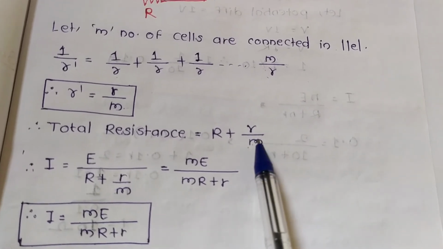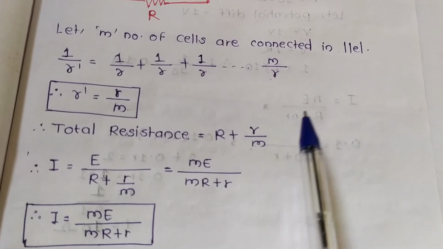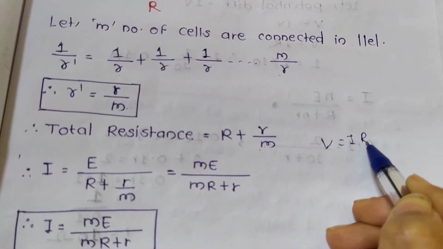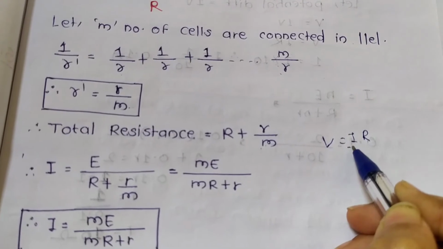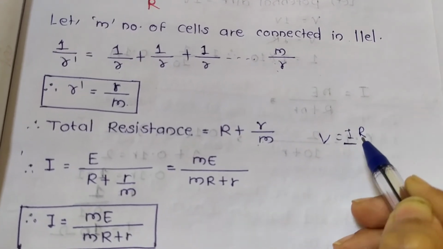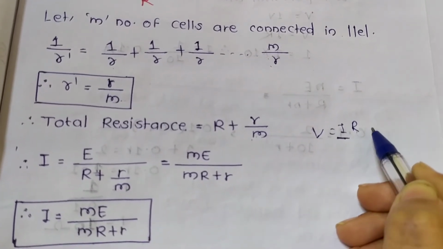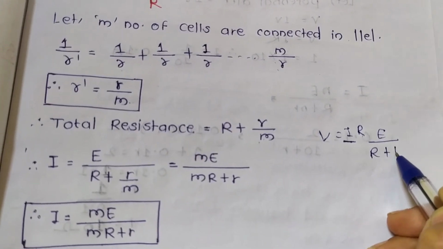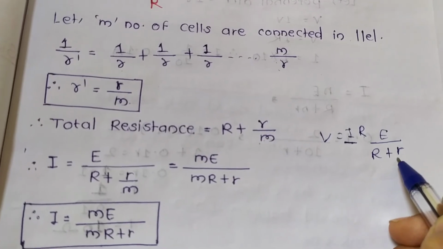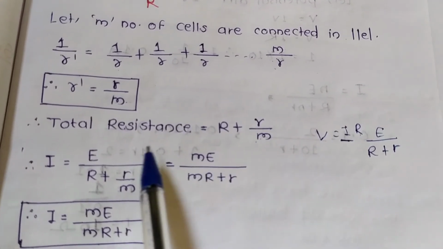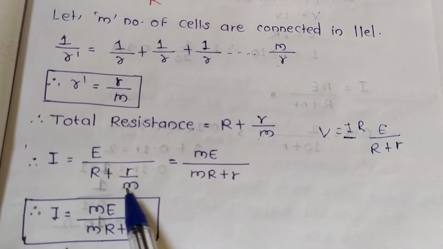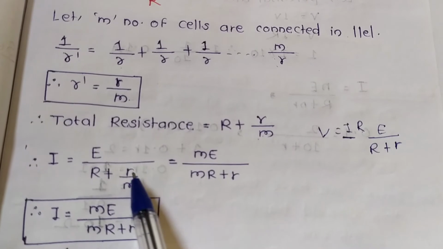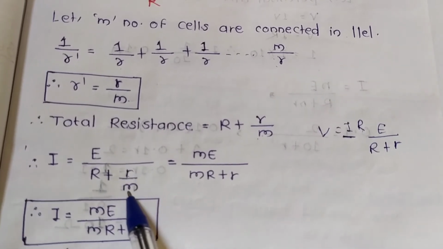Hence current is equal to, according to Ohm's law, V is equal to IR. If internal resistance is present, then I is equal to E by R plus small r. But when cells are in parallel combination, we know that small r equivalent is equal to r by m.